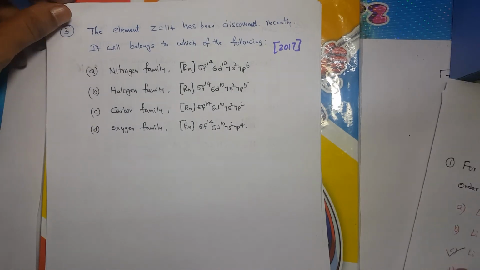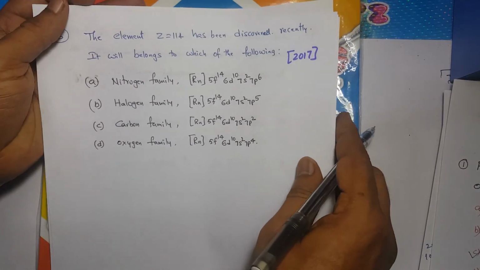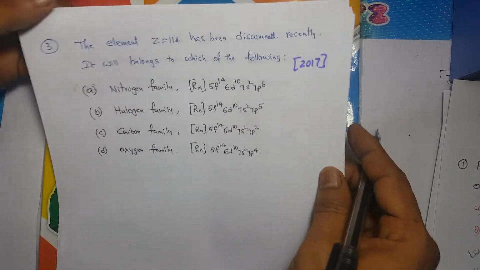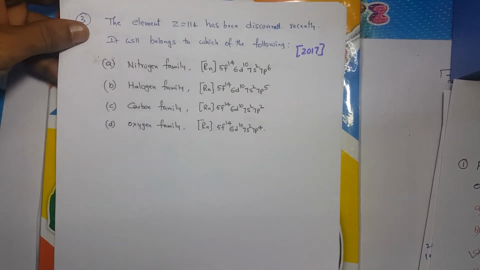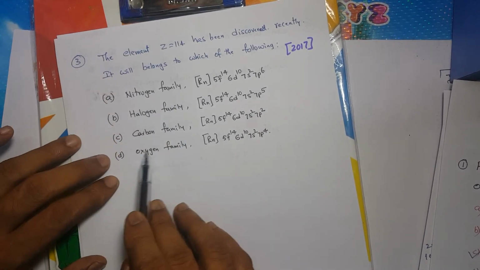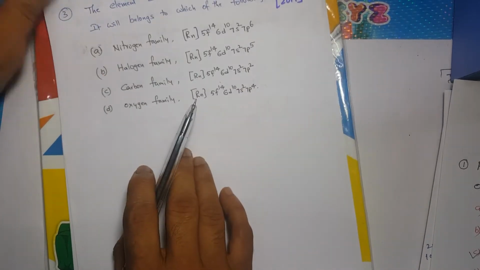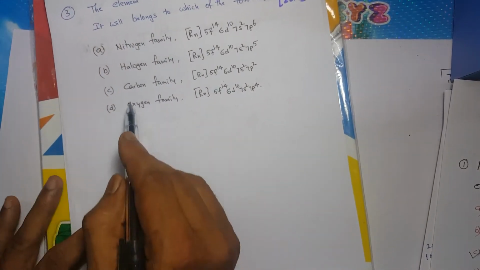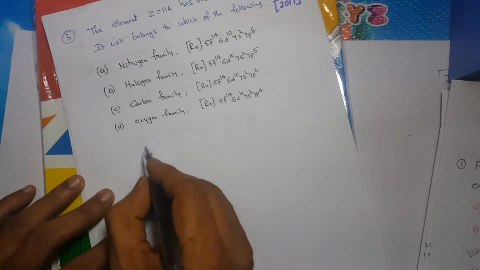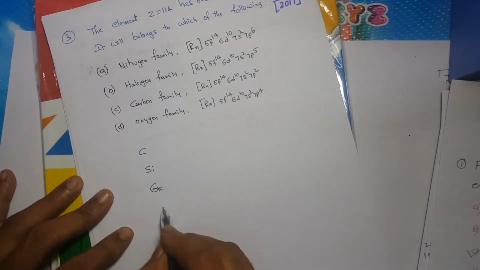Okay, the next question: they mentioned the atomic number 114. What will be the family of the element? Here they mentioned the nitrogen family, halogen family, carbon family and oxygen family. It is very easy to write down if you know the atoms group wise. Carbon family: carbon, silicon, germanium, tin and lead.